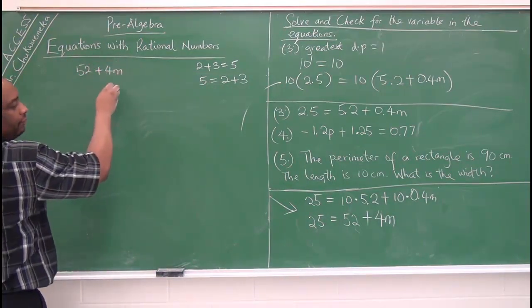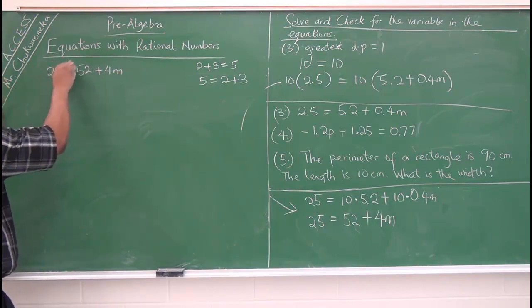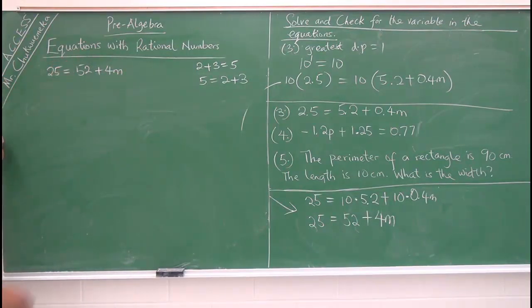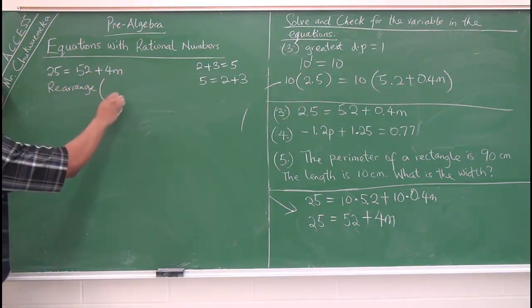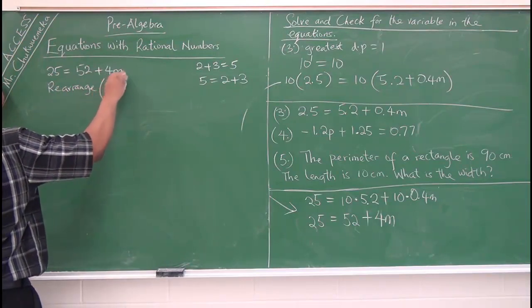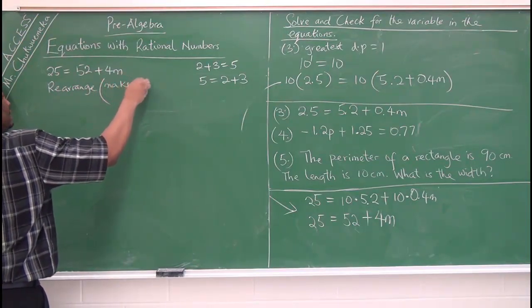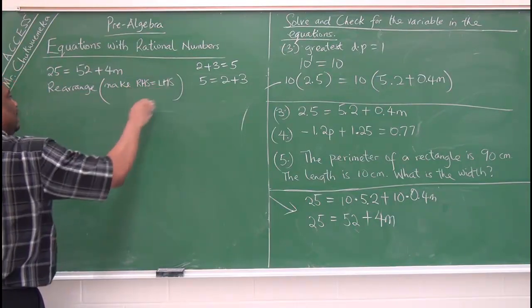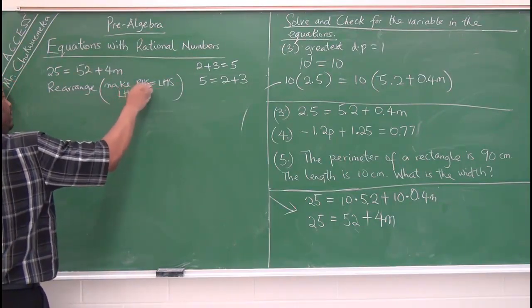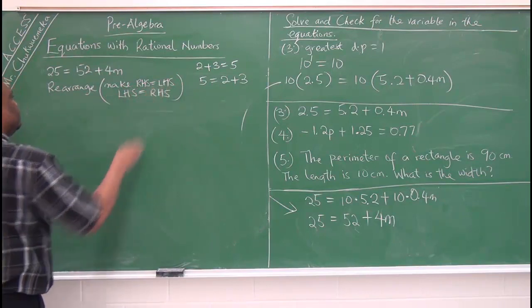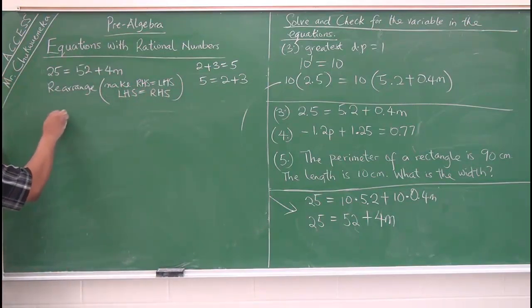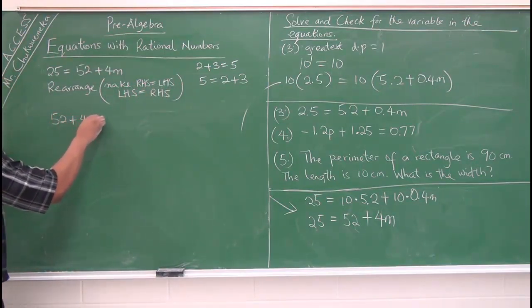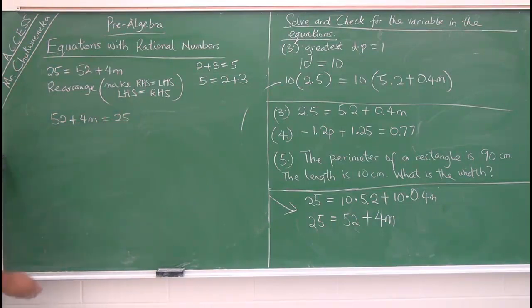So 25 is equal to 52 plus 4n. You rearrange, make your right-hand side the left-hand side, and the left-hand side the right-hand side. So what we have now is 52 plus 4n equal to 25.